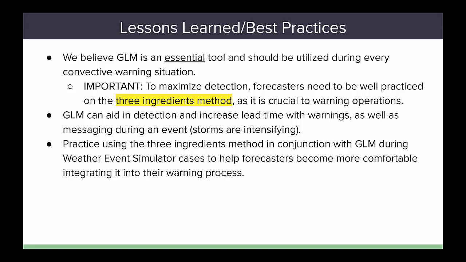Practice using the 3 ingredients method in conjunction with GLM during weather event simulator cases, or on cases where you might be on a quieter evening shift and there might be something going on in another part of the country. Just pull up radar, pull up GLM, and dive into it for yourself. And I really do think that this will help forecasters become more comfortable integrating this into their warning process.